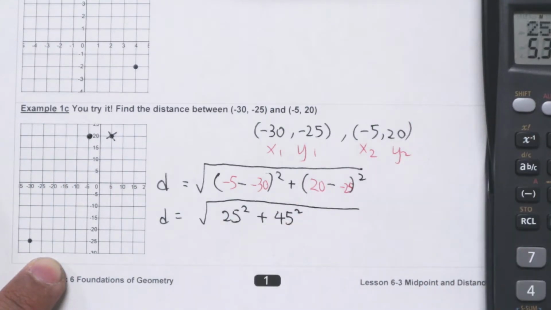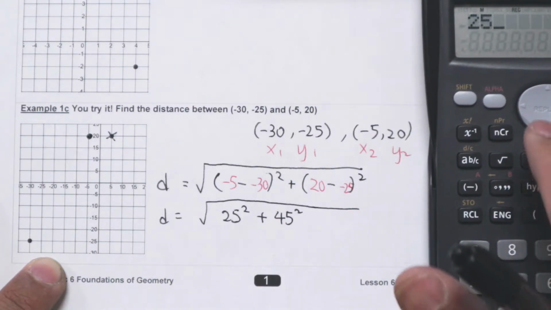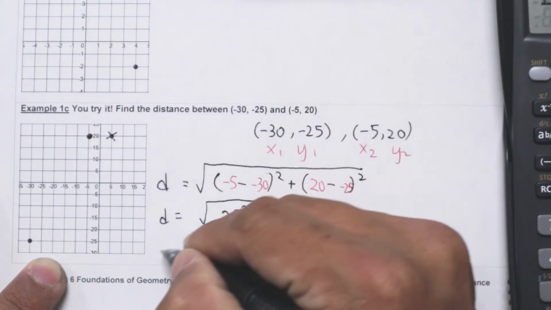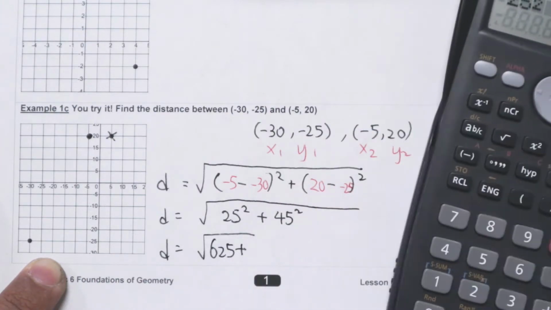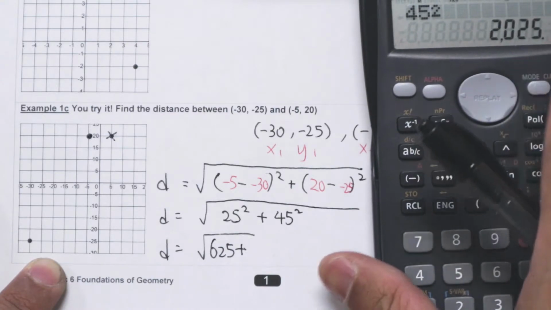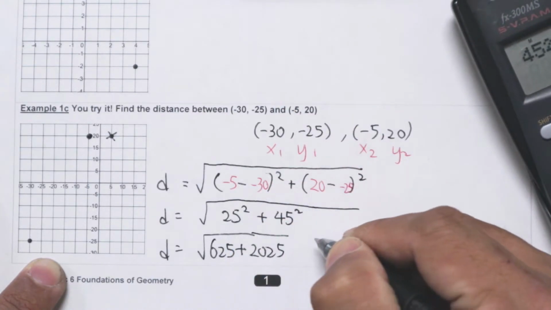So 25 squared, I need to use a calculator. So 25 squared, and I think there's a square button, is 625. So we're going to put 625 on the next line. And then 45 squared, like this, I get 2025. You notice that these numbers are large, right?